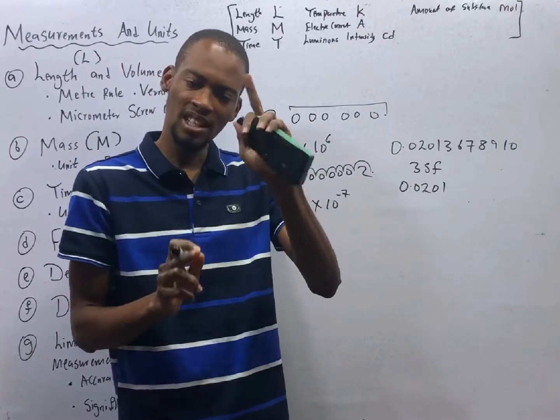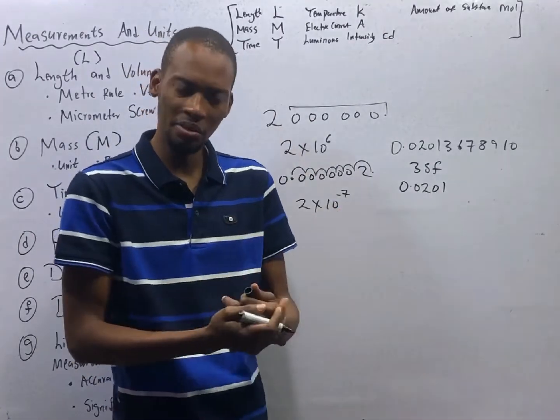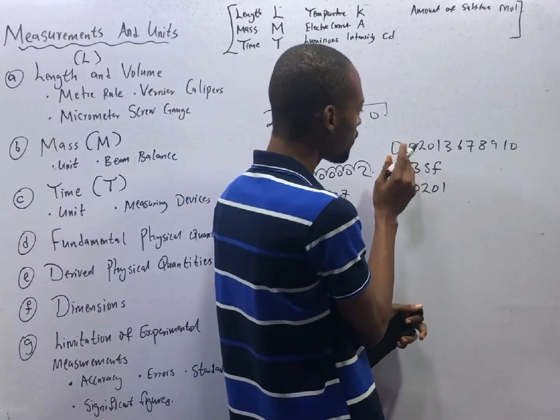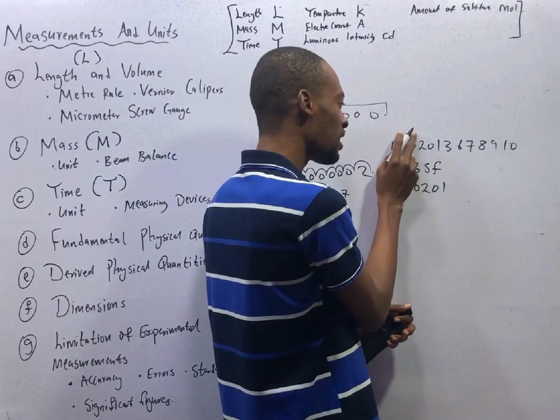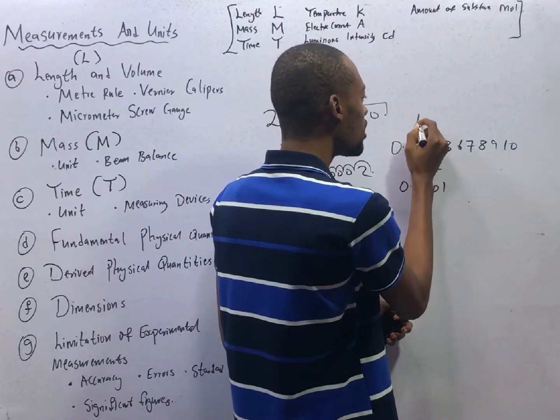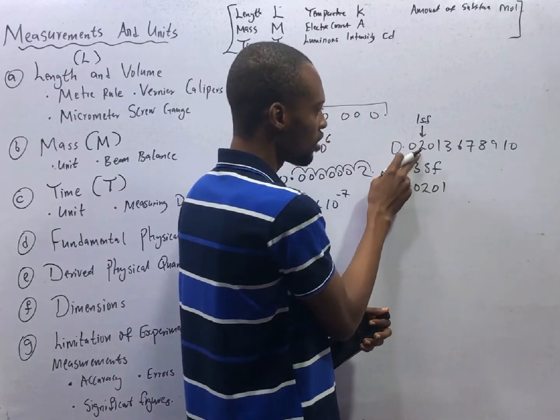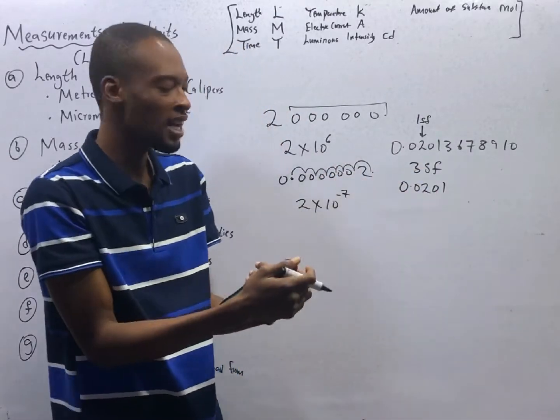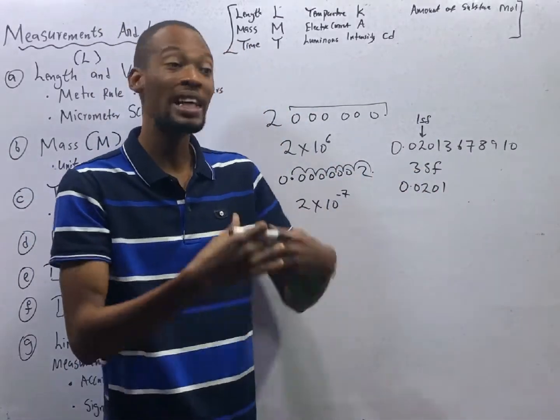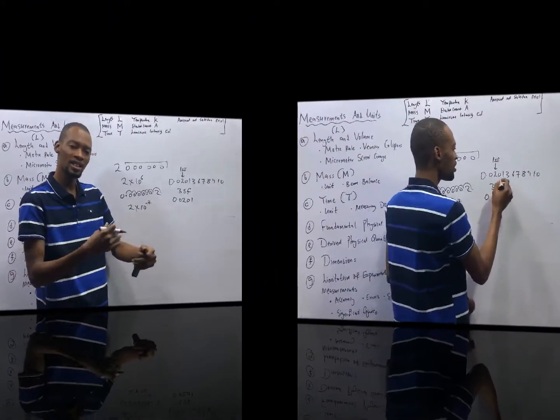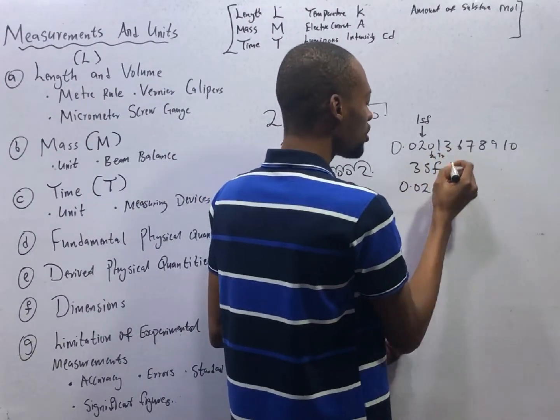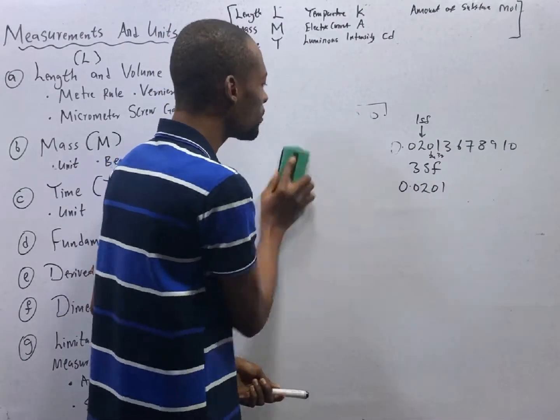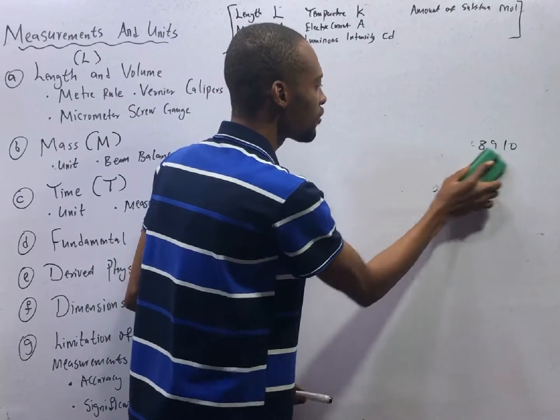The first significant figure is the first value after the decimal point that is not 0. So the first value here is 0, so this is not the first significant figure. The first significant figure is 2. Now, after you've gotten the first significant figure, any number that comes after it, whether it is 0 or a meaningful number, this is the second, this is the third, and many more. That is the concept of standard form and significant figures.